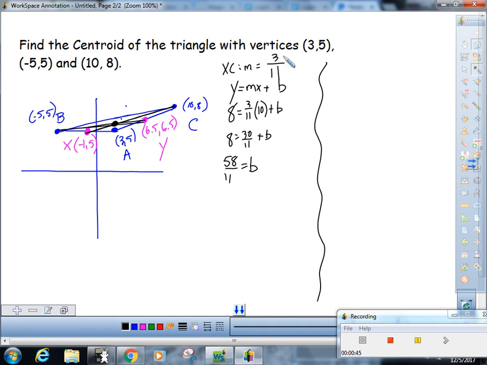We have our m, we have our b, so now what do we have? No, you can't. Then you'd have 11y equals 3x. Now, you could do that to solve it, but you don't want to do that yet. You want y equals mx plus b.